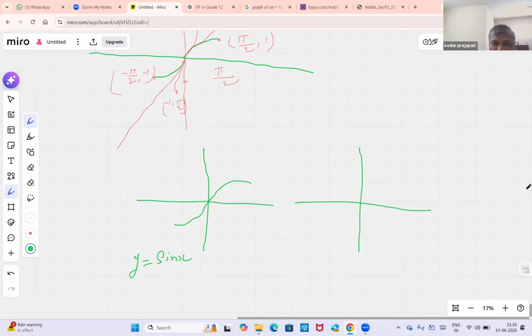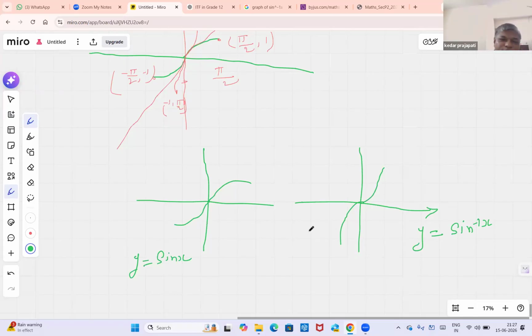It will go like this, and here also it will go like this. Very important, it comes in the exam. This is y equal to sin inverse x, or you can say it is the graph of sin inverse x. Getting it, right? Yes, sir.